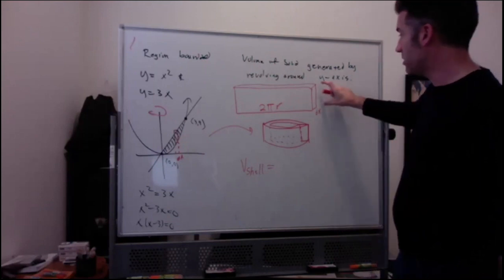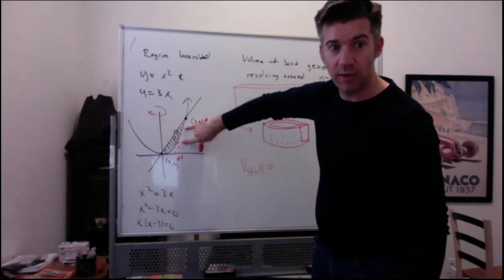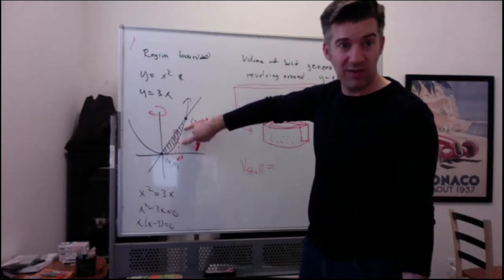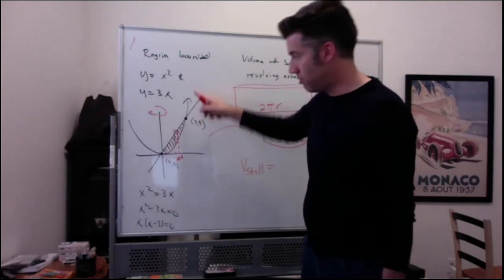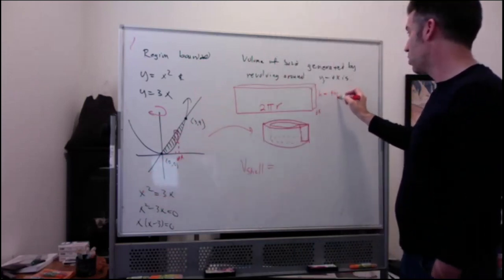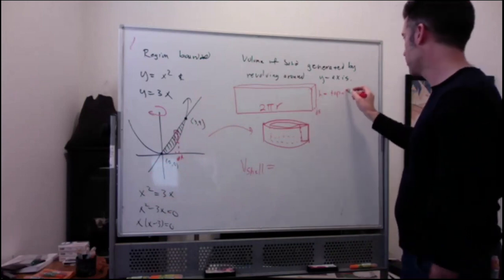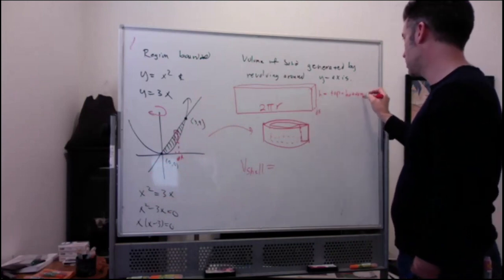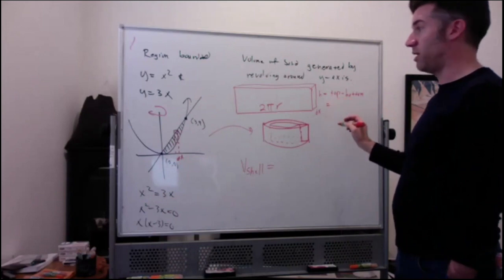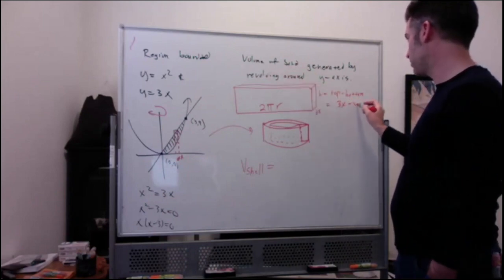And the height of this cylindrical shell is the height of this strip, which, like every other time, is the top function minus the bottom function. Or if it was a horizontal strip, it'd be the right function minus the left function. Which in this case, top minus bottom, is 3x minus x squared.